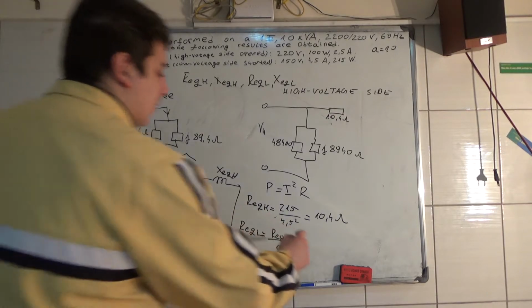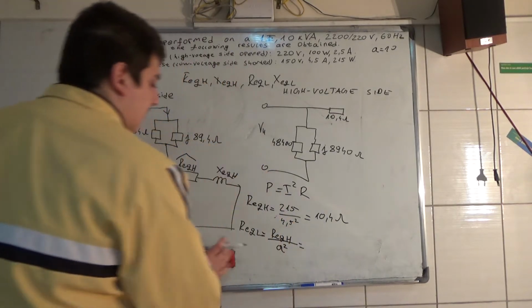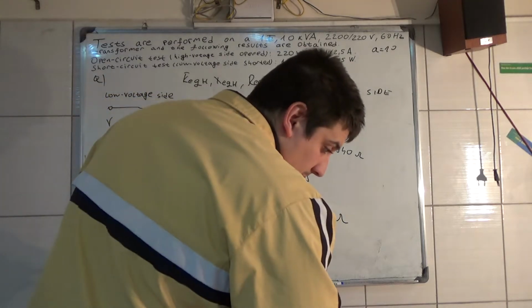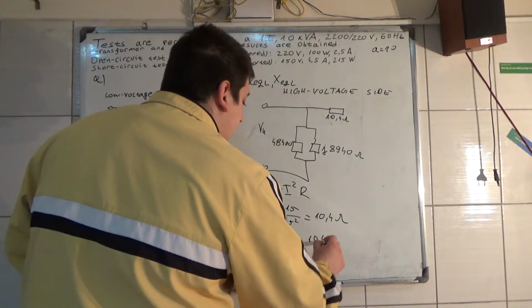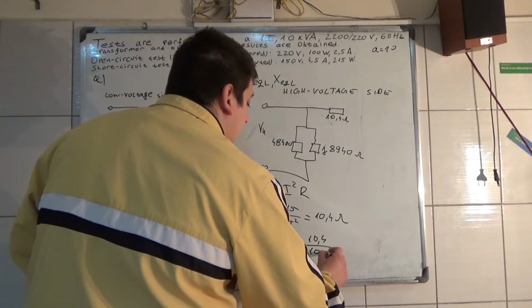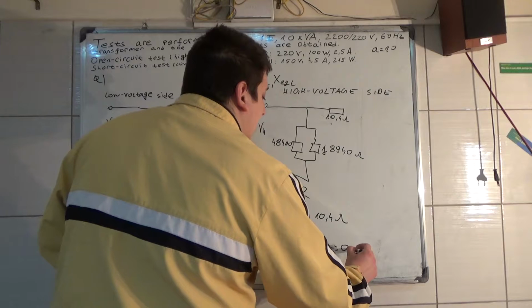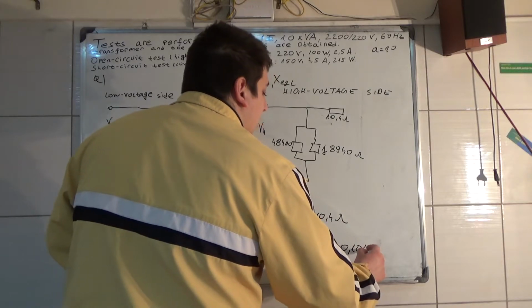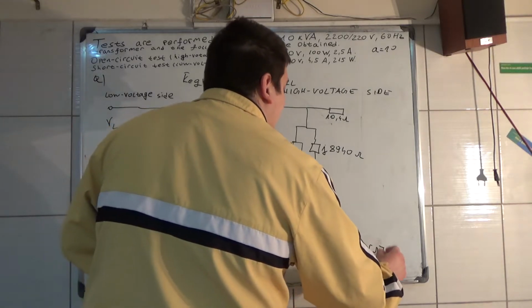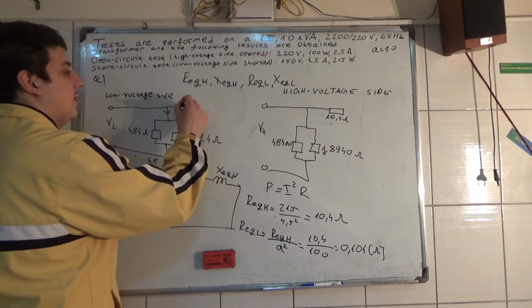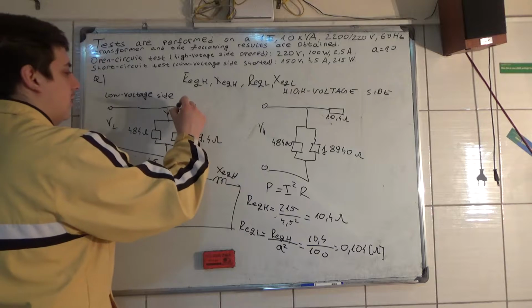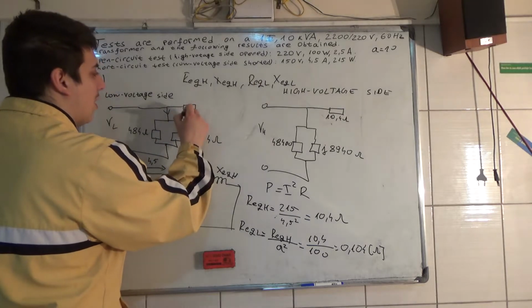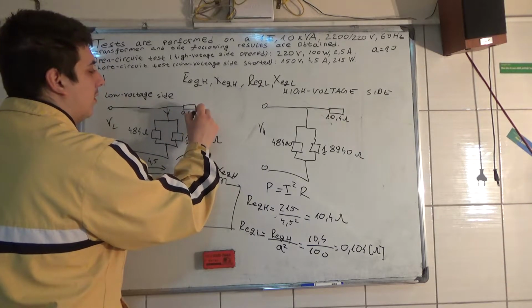And that is equal to 10.4 divided by 100, and you get 0.104 ohms. Now here you have the resistance of the windings, looking at it from the low voltage side, 0.104 ohms.